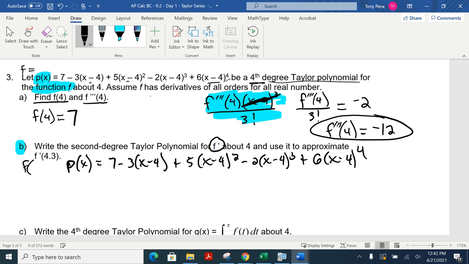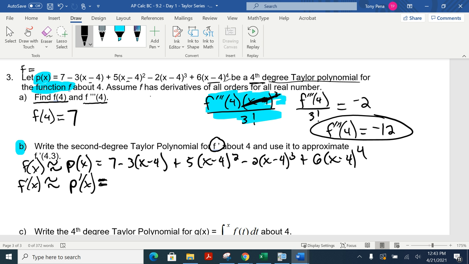This is an approximation for f of x. Well, if I want to approximate the derivative, all it would be is the derivative of what we are given to work with. So we basically take the derivative of that polynomial function.